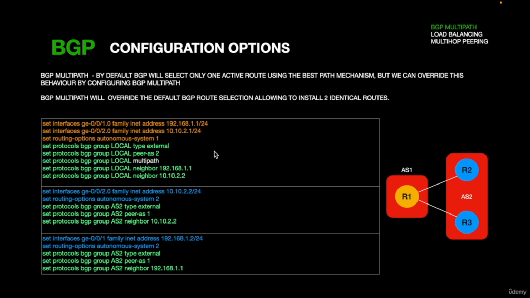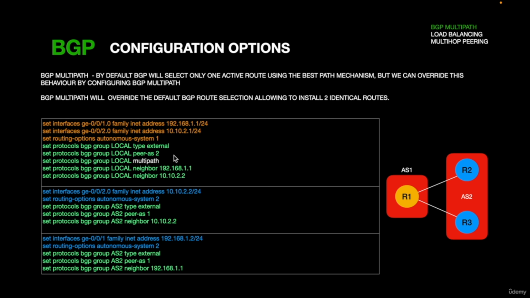For R1 we can have two interfaces. This is the interface configuration on R2 and on R3. We specify the type of BGP, which in this case is external. We specify the peer autonomous system number, which is 2 in our case.